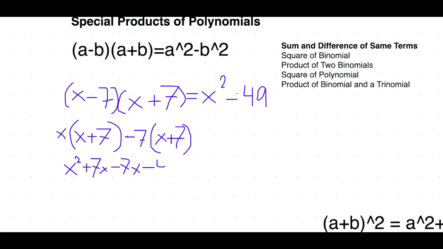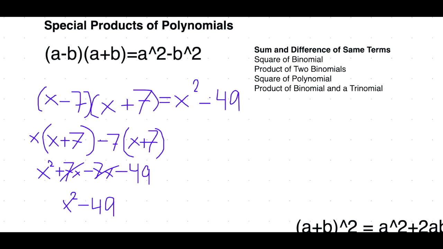And then similar with the example, we have plus 7x, we have negative 7x. Those two cancel each other out, which brings us to x squared minus 49, which is the same as what we got by using the special product of polynomials.